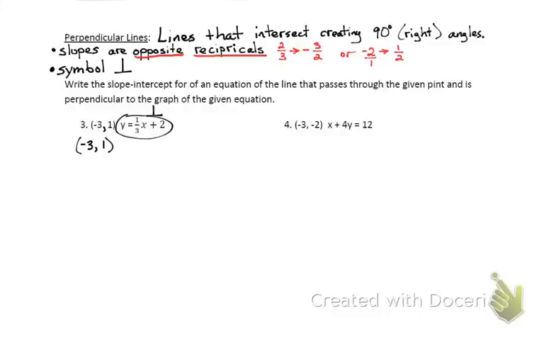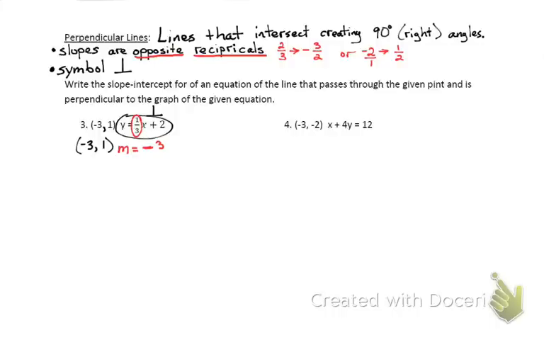Well, if it's perpendicular to this equation, all that tells us is that the slope of our line is going to have the opposite reciprocal of the slope of this line. Well, this line has a slope of 1/3, so that must mean our line is going to have a slope of negative, because that was positive, ours is going to be negative, and then flip this around, 3/1, or just -3. So our slope is -3.